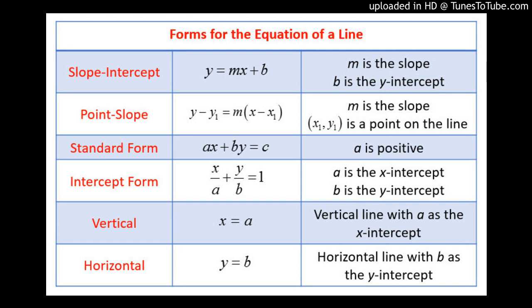Mod is used in many places, and you should understand its use by the context. Whenever I say mod of minus 5, it is 5. In that case, the mod notation is used for absolute value. Here it is used as a distance. What is the formula? Root of (x2 minus x1) whole square plus (y2 minus y1) whole square.